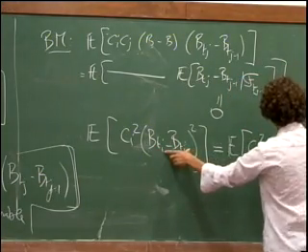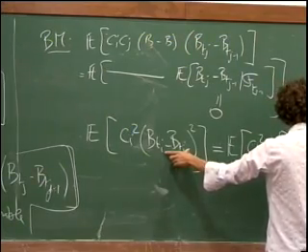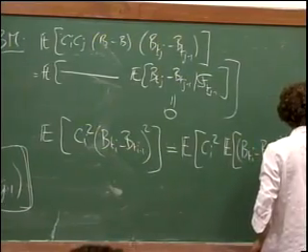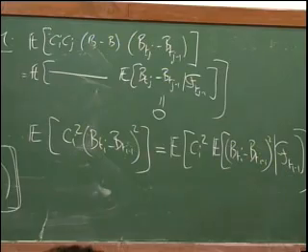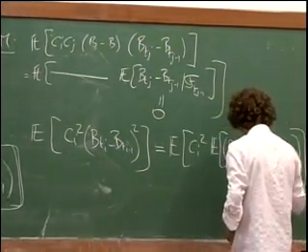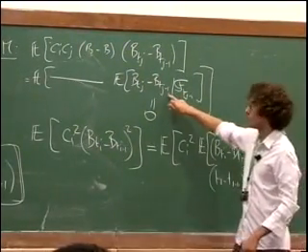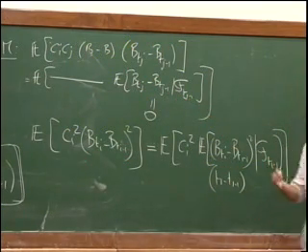And here you get the expected value of (B_{t_i} minus B_{t_{i-1}}) squared, knowing F_{t_{i-1}}. And this thing, by properties of the Brownian motion, is t_i minus t_{i-1}. So really, for people who are scared by these two properties, come at the end and ask me. Okay? These are two very basic properties of the Brownian motion.